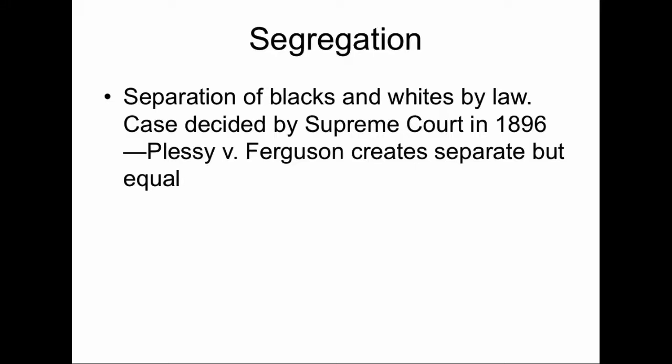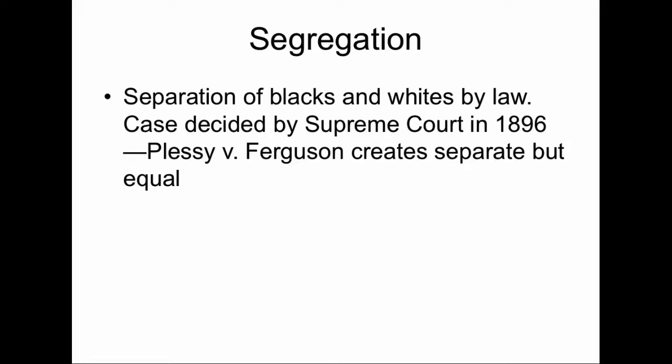Homer Plessy sat in the whites only section of the train car. The train conductor, Ferguson, asked Plessy to move to the blacks only section. Plessy refused and ultimately was arrested. So because he didn't sit in the right section according to the conductor on the train, Plessy was arrested.